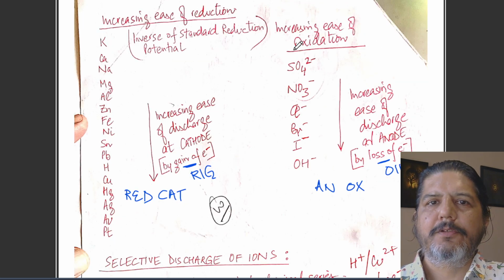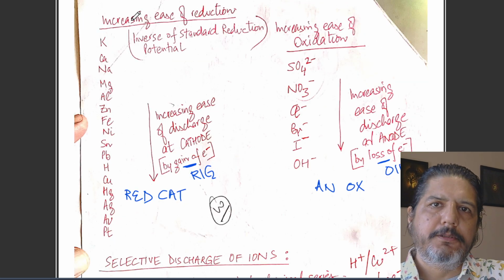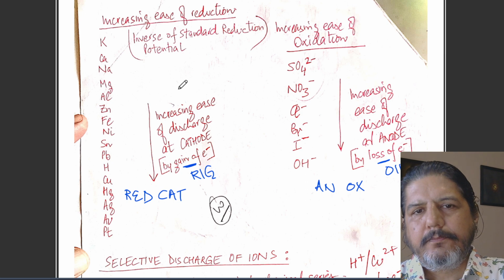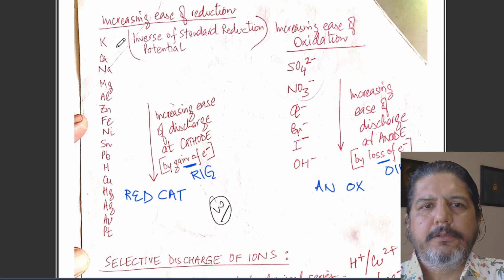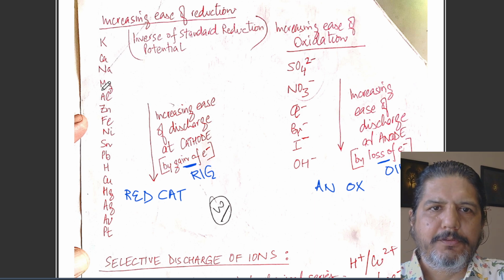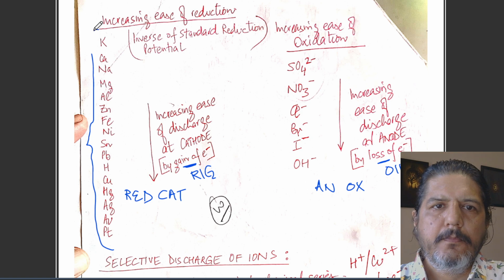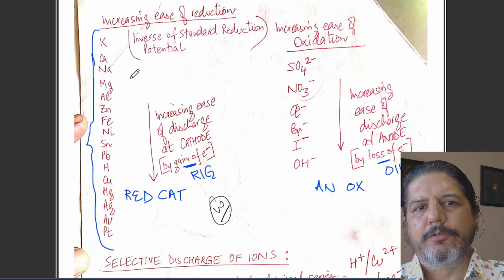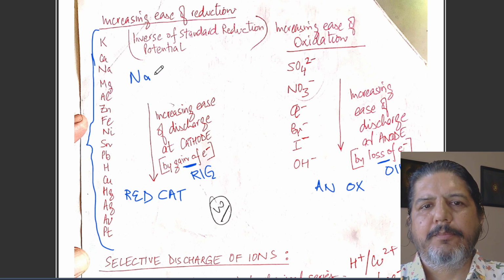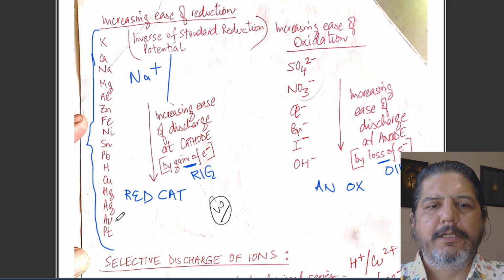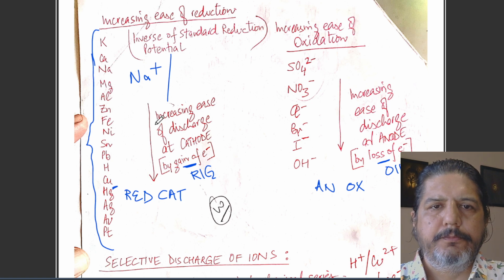So for example, you have cations. Now cations, all these metals that you see on the side, they will form cations. So for example, you might have something like Na+, or you might have something like Cu2+.